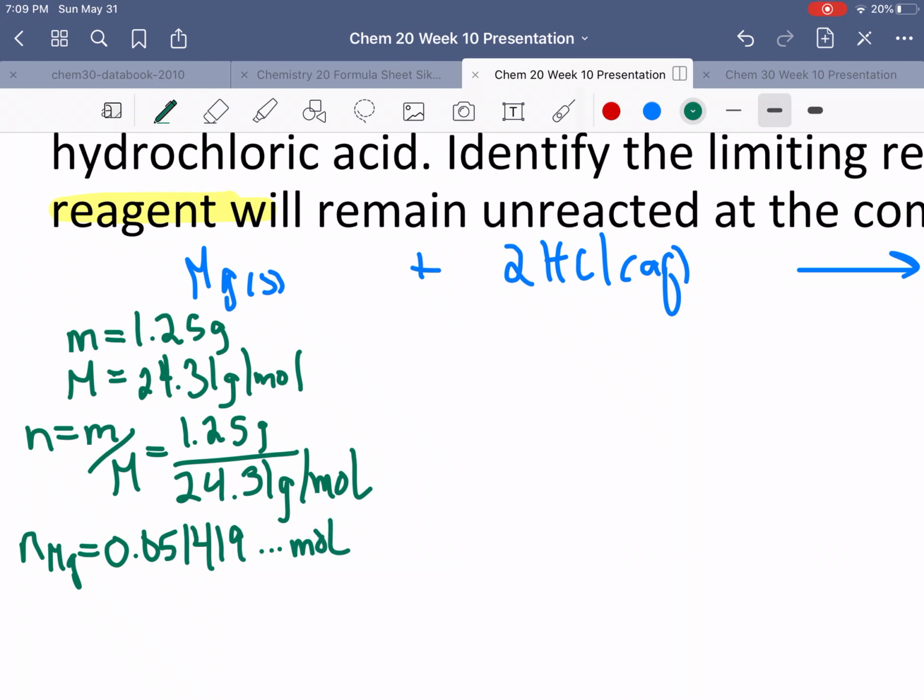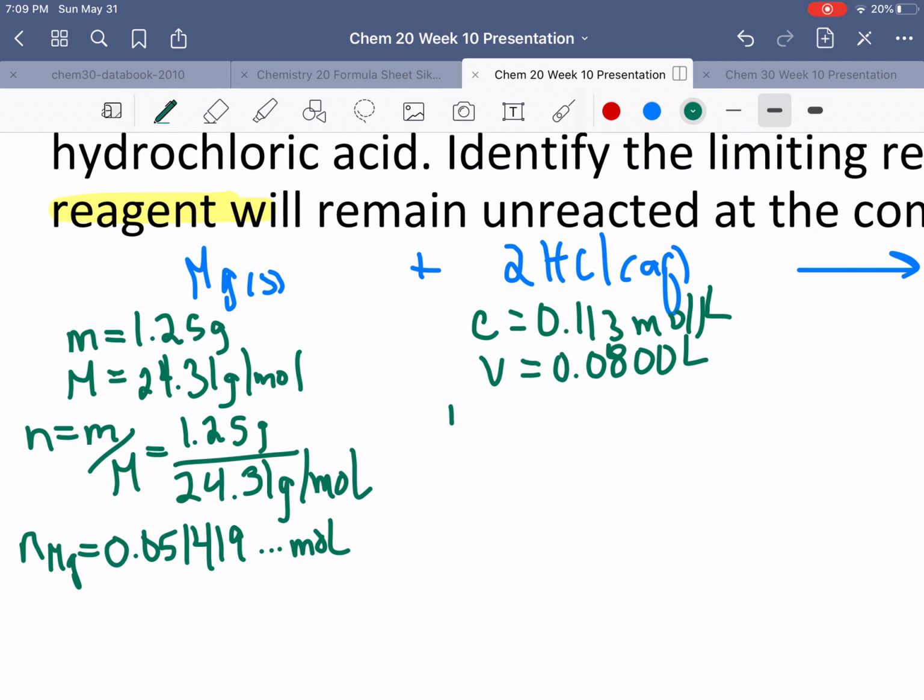The amount of magnesium. Like I said, this question gets interesting because we also can figure out the amount of hydrochloric acid. We've got the information to do it. We've been given in the question the concentration, which is 0.113 moles per liter. We've been given in the question the volume. Convert it into liters, so divide by 1,000, 0.0800 liters.